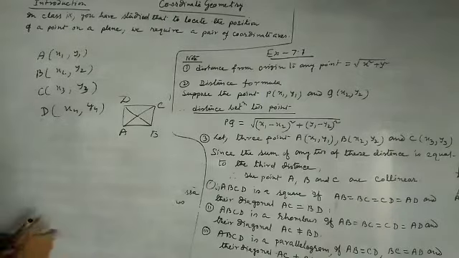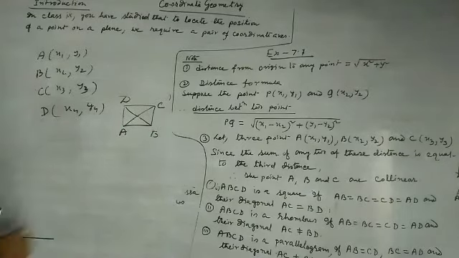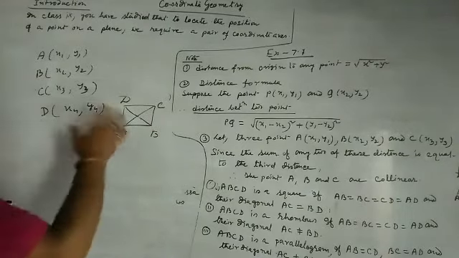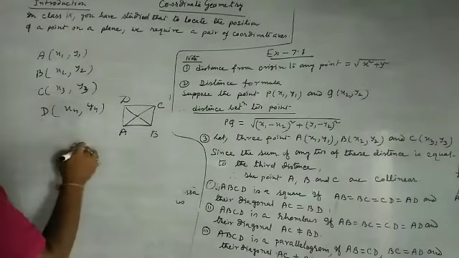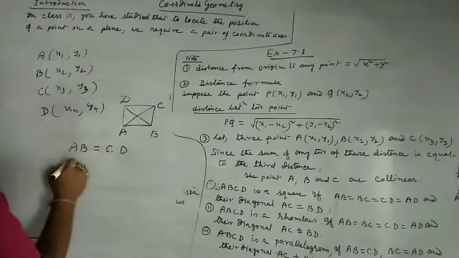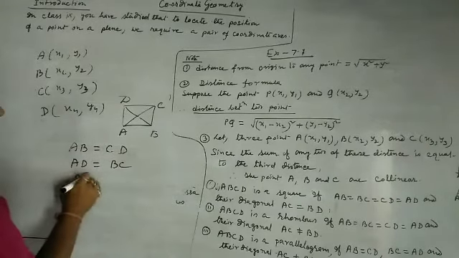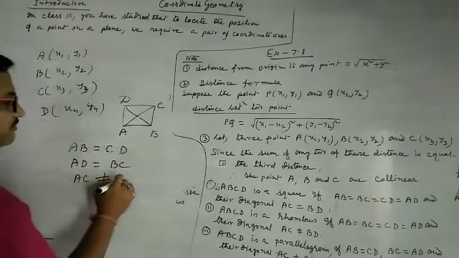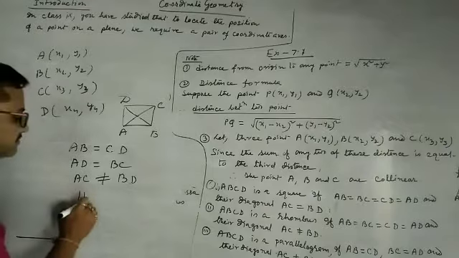Third, if ABCD is a quadrilateral, it is a parallelogram. When ABCD is a parallelogram, if opposite sides AB equals CD, AD equals BC, and the two diagonals AC not equal BD, then this quadrilateral becomes a parallelogram.